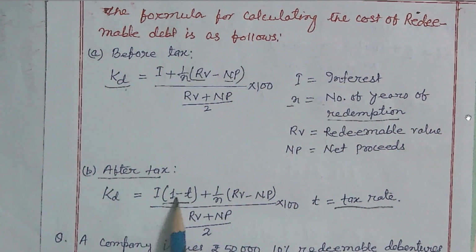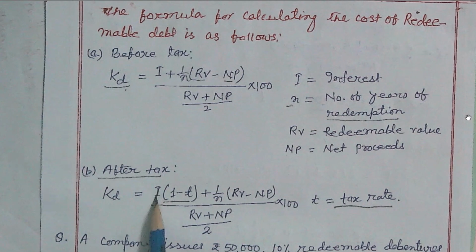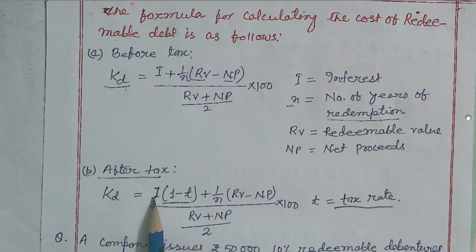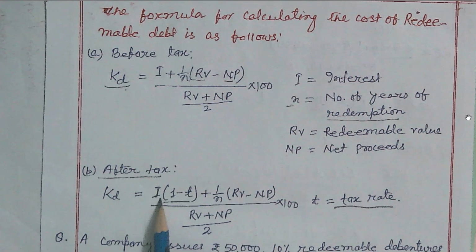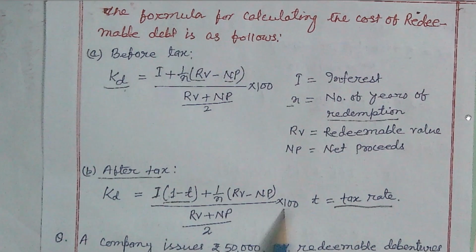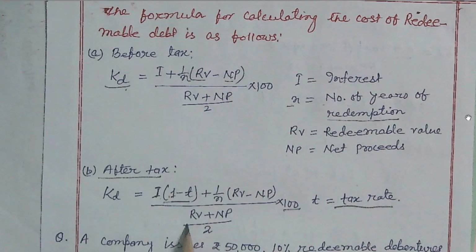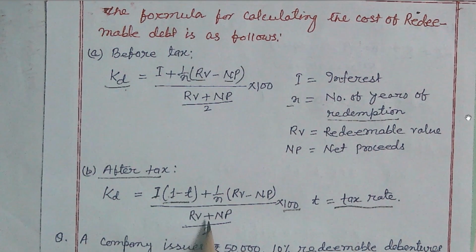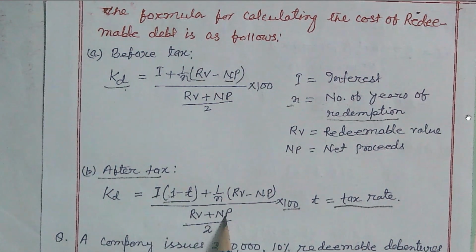So tax benefit is available on the interest amount, so that is why it is multiplied by the interest amount. Okay, and this is for expressing percentage, and below is redeemable value plus net proceeds divided by 2.